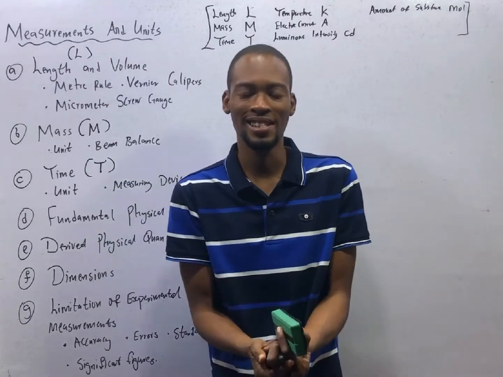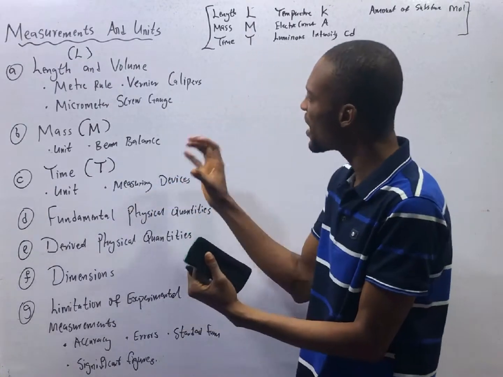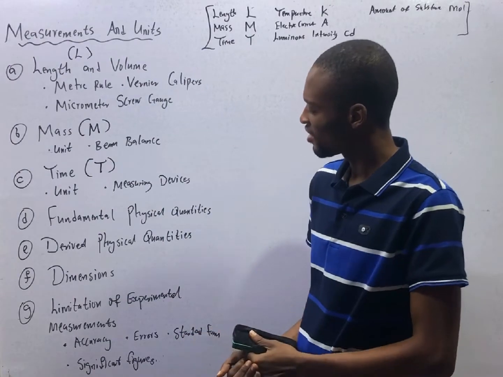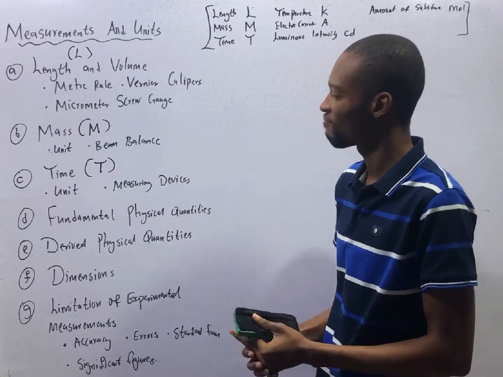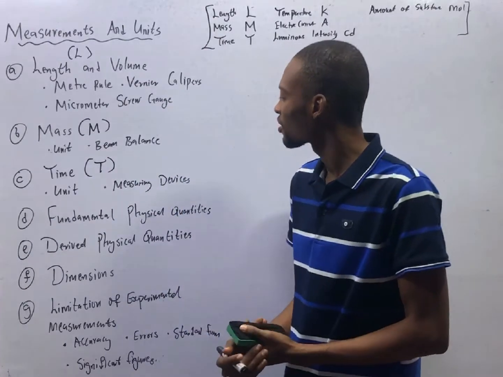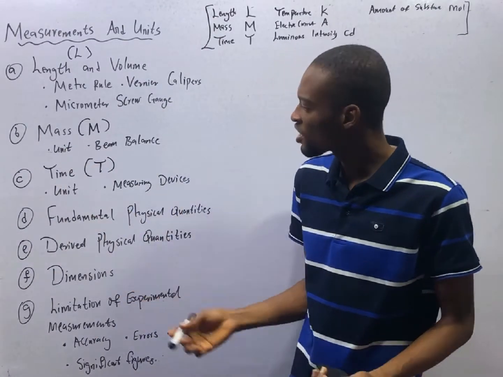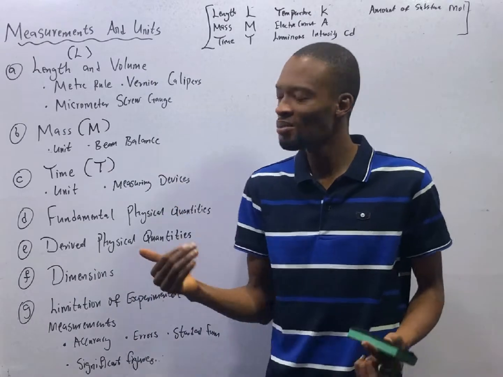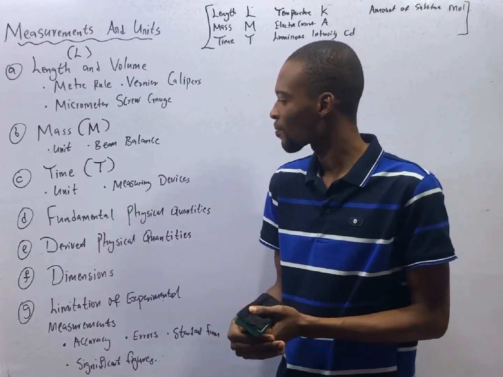In episode 6, we introduced measurements and units, and we discussed all this, obviously in a very quick manner. Our unit of mass is the kilogram, and we can measure mass using a beam balance.